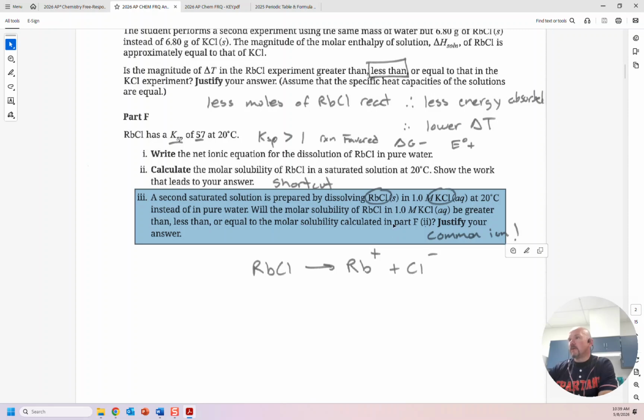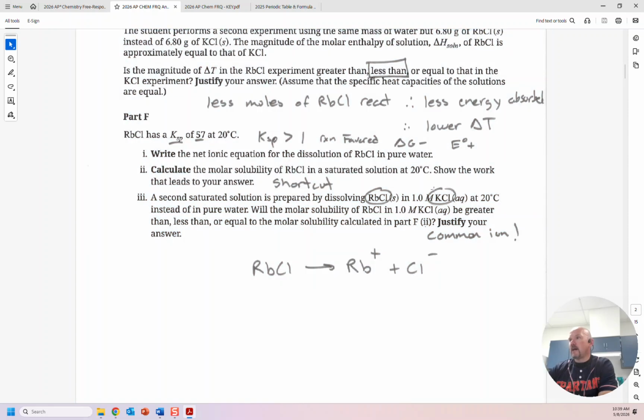It's going to be less soluble in the presence of a common ion, right? So kind of boom, boom, boom, just quick. And strictly, this is just unit 4, objective 4, right? So pretty quick to do.